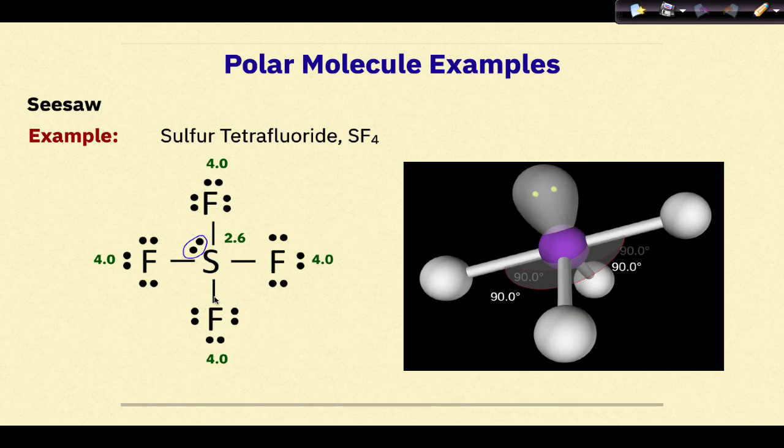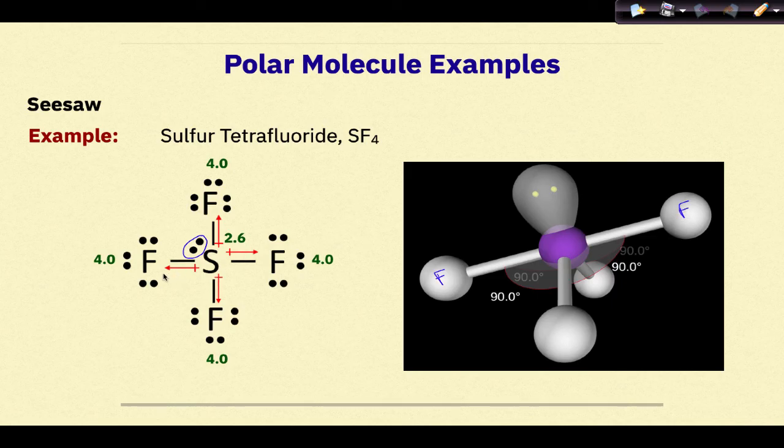So when we put in bond polarity arrows to show that these bonds are polar covalent, the bond polarity arrows will go from the less electronegative to the more electronegative, and again, less to more. Now, these first two arrows that I put in, we're going to say represent the fluorines on this axial plane, so maybe here and here.